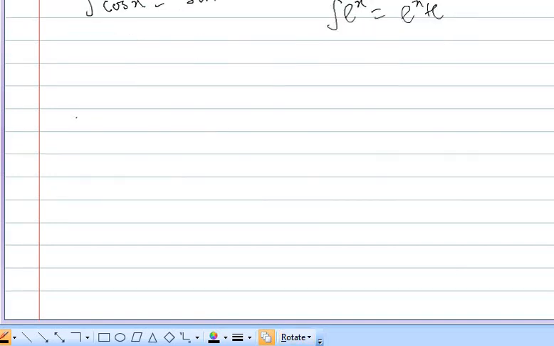So I remember to explain where that c, the constant of integration, comes from.